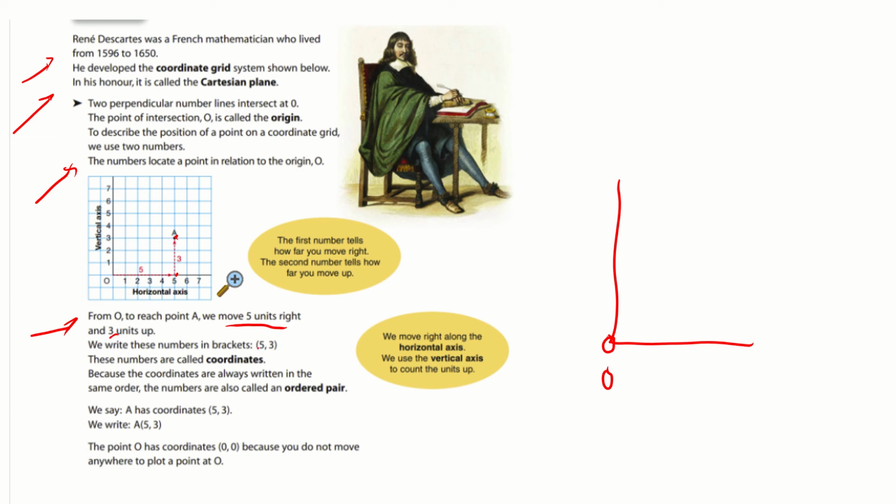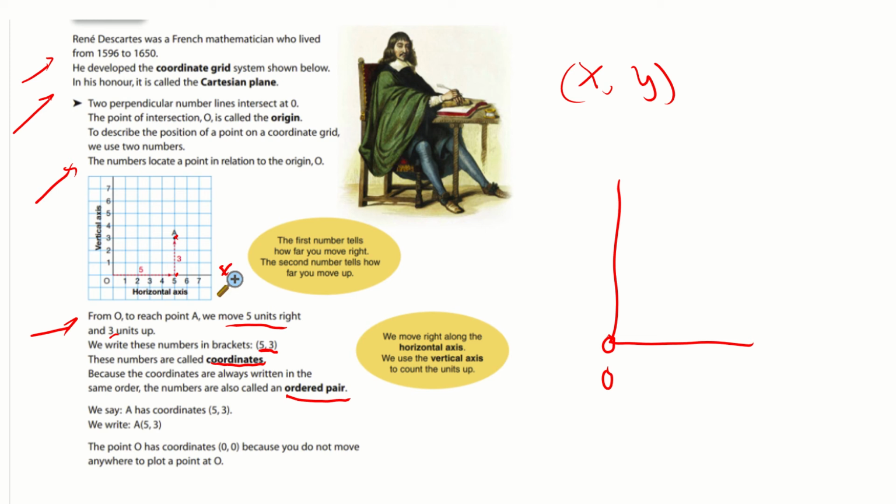Now, we write this in brackets, 5 and 3, and we call it a coordinate. Because the coordinates are always written in the same order, the numbers are also called an ordered pair. So you're probably going, Mr. S, what is the order? You always go with the x-axis first and then the y. So this is the x-axis.